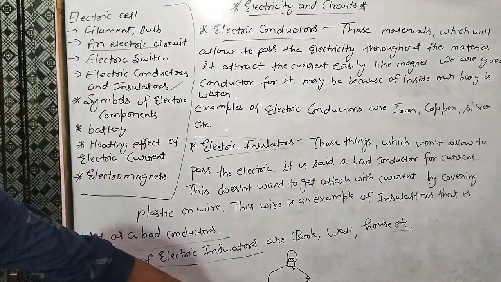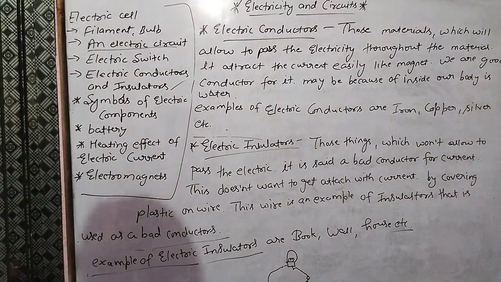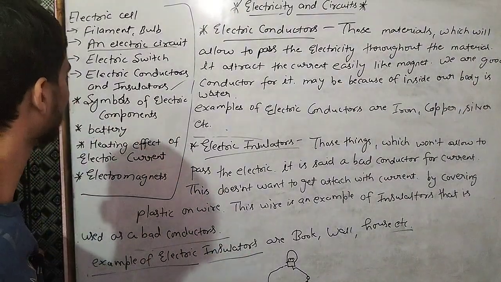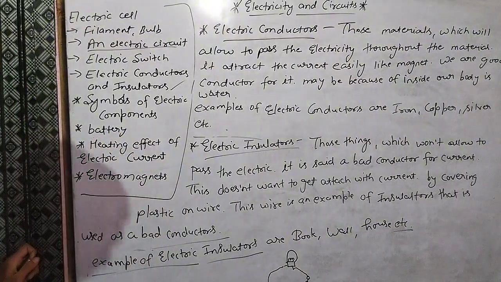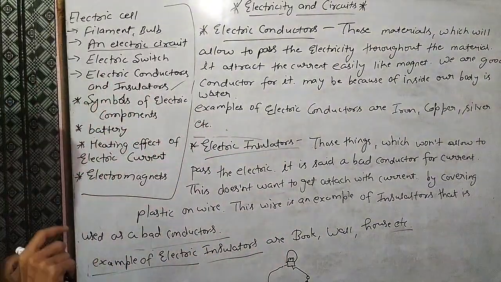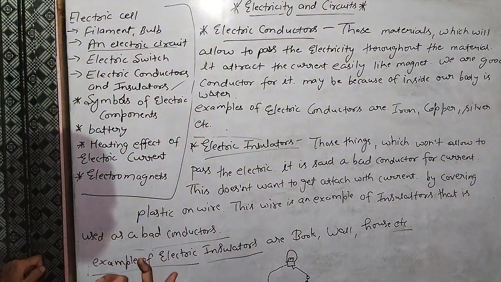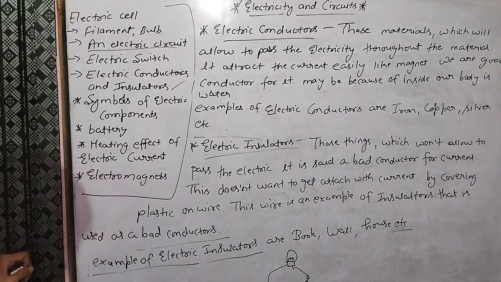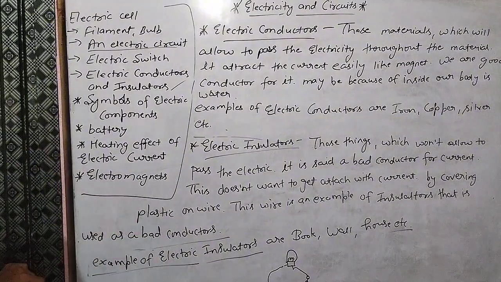Clear? This is a circuit of electric. We are going to discuss the symbols of the electric components. Here we see a bulb. So what is the symbol to represent a bulb?